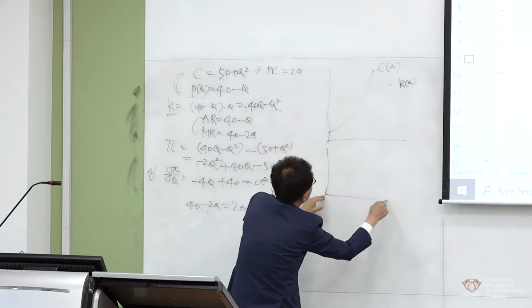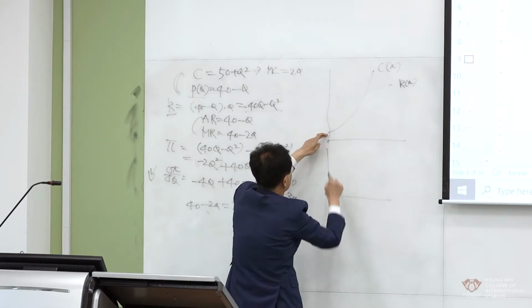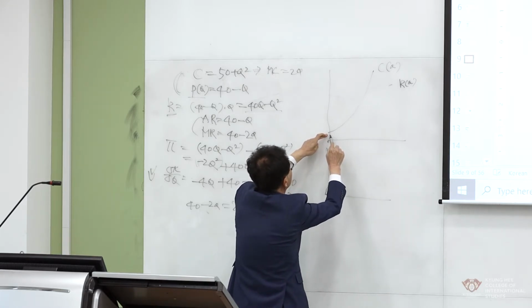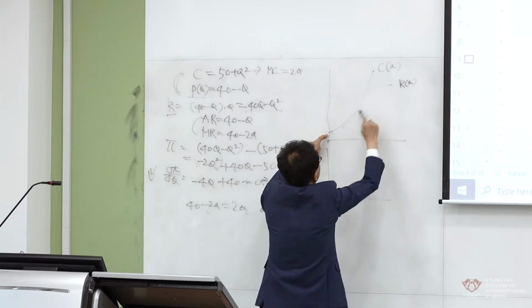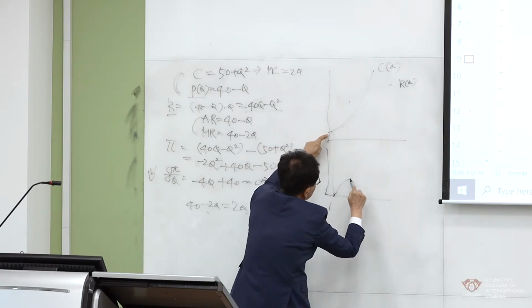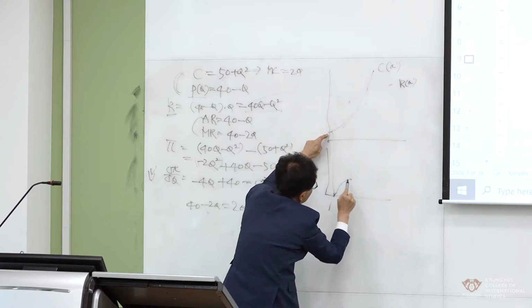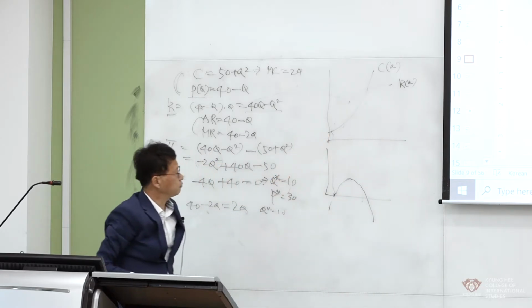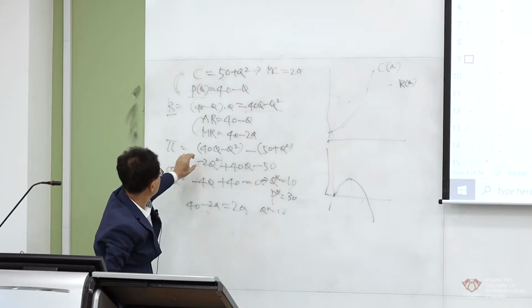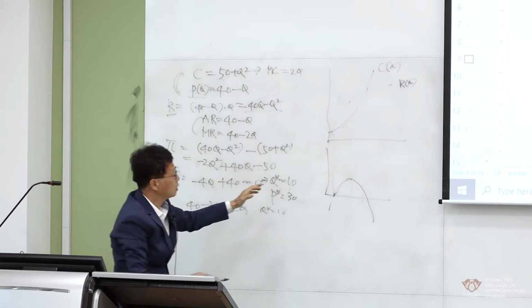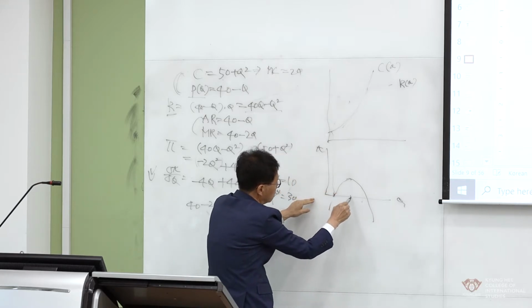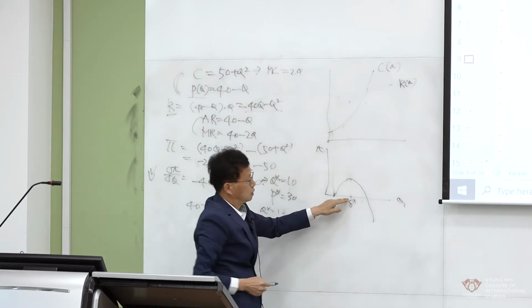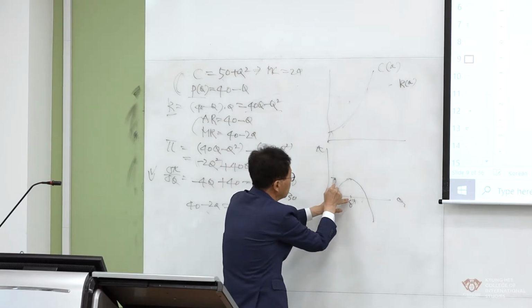So the profit function is negative at this point, and profit is maximized at this point. That is the profit function. And we know profit is maximized when you produce Q star. Okay, graphically. Here, what happened?